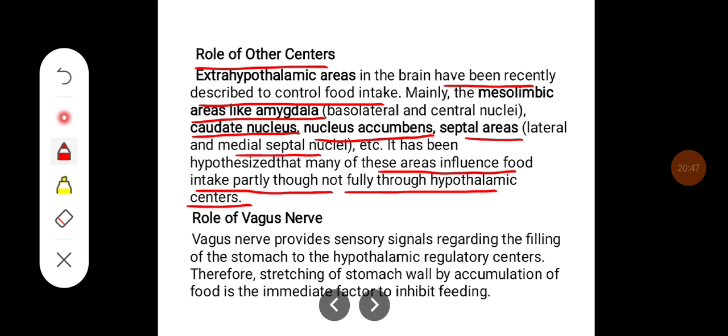The role of vagus nerve. Vagus nerve provides sensory signals regarding the filling of stomach to the hypothalamic regulatory centers. Therefore, stretching of the stomach wall by accumulation of the food is an immediate factor that inhibits feeding.